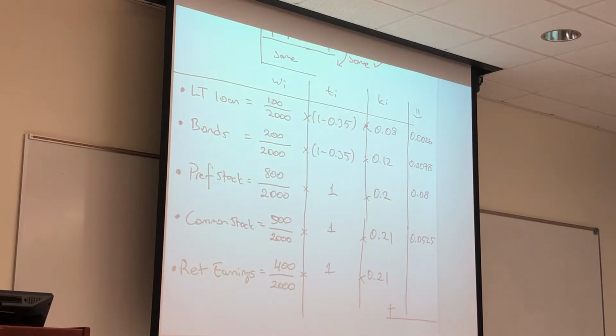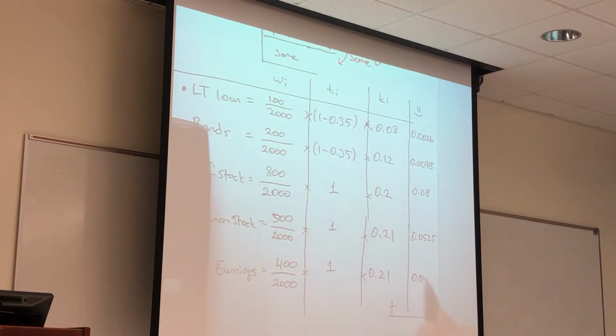And we have 400 divided by 2,000 times 0.21, 0.042. Let's sum that up: 0.0026 plus 0.0078 plus 0.08 plus 0.0525 plus 0.042. Yes, 0.1849.